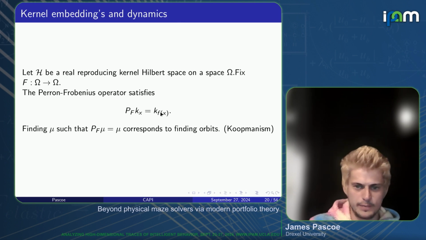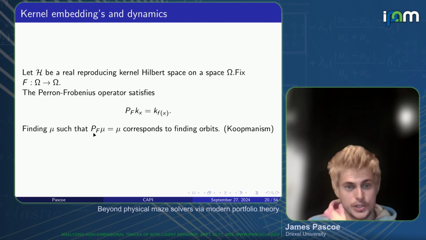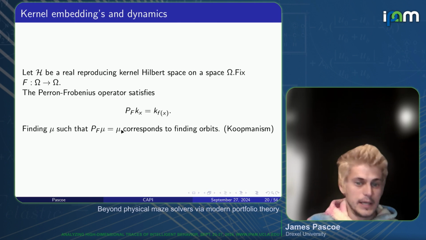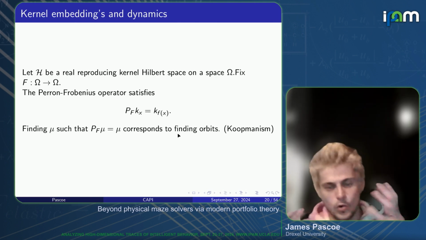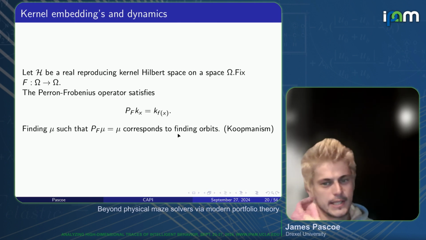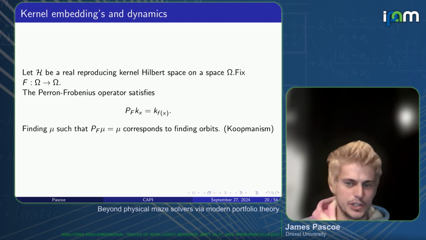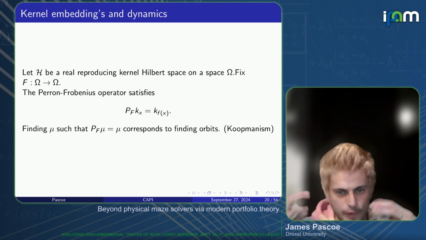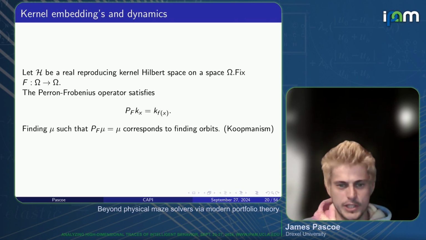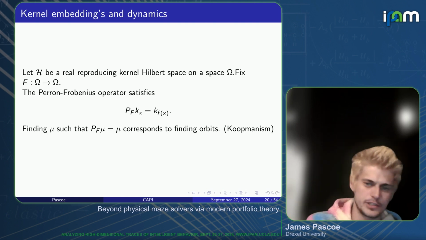Finding mu such that the Perron-Frobenius operator hitting mu equals mu corresponds to finding orbits. This is the general philosophy of Koopmanism, which allows you to universally model a lot of dynamical systems, and seems very similar to things going on in the learning literature.